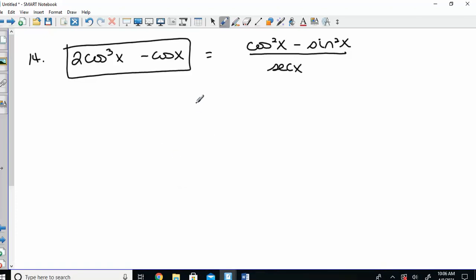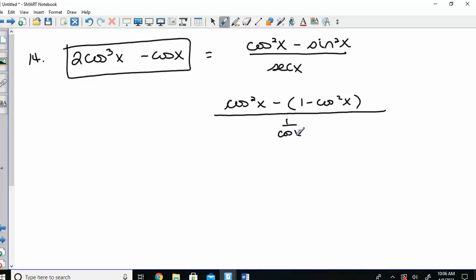So we could, cosine squared x. I really don't want a sine, I want a cosine. What could you change sine squared to? Over. What could I change secant to? So we could distribute this negative.